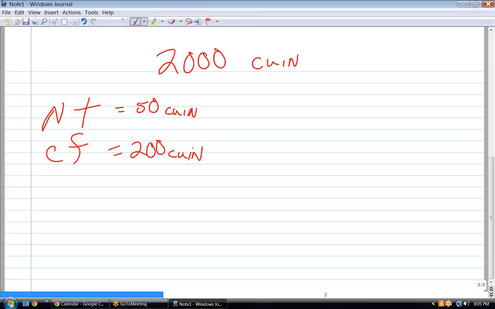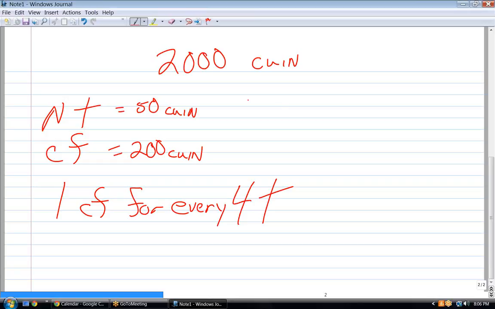Finn would like at least one catfish for every 4 neon tetras. And then what is the maximum number of each type of fish that Finn can put in his aquarium?